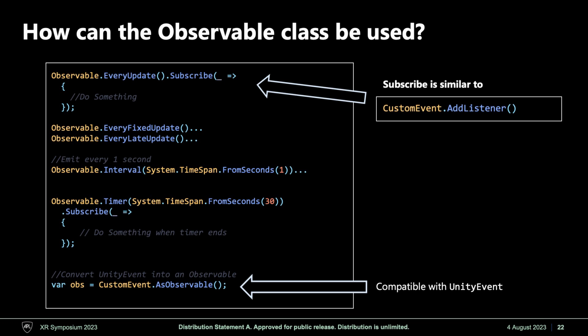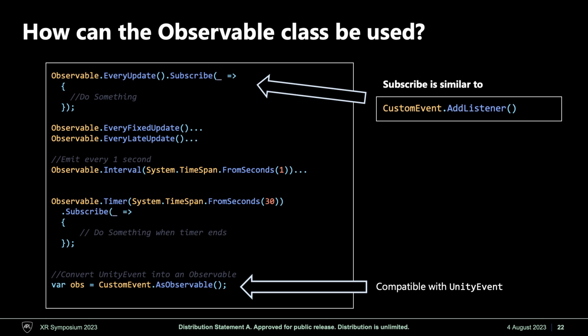We have the subscribe method that is very similar to AddListener. We talked about the Unity events where we're passing in code and we can add or listen to that. So subscribe works the same way, but you can also use the lambda operator to get some parameters in there. Right now I have an underscore in front of the lambda operator.